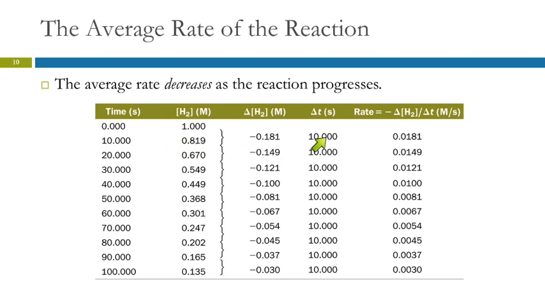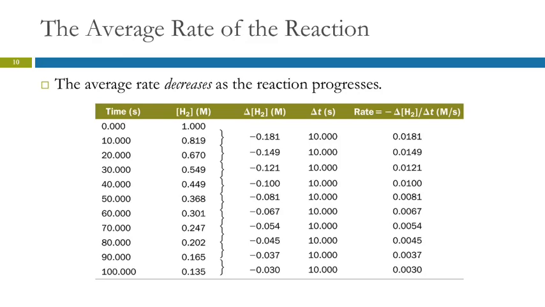As this proceeds, we see that the rate gets smaller and smaller because the reactants are going away. Eventually, it'll get to 0 because there's no reactants left. So the rate decreases as the reaction progresses.